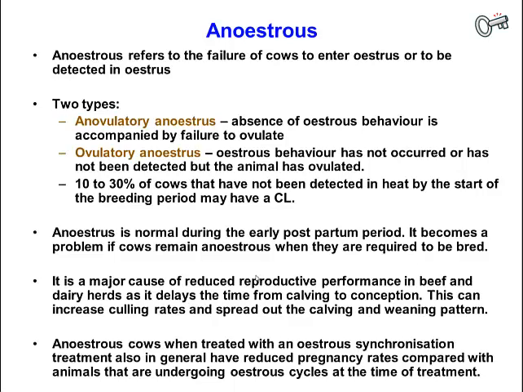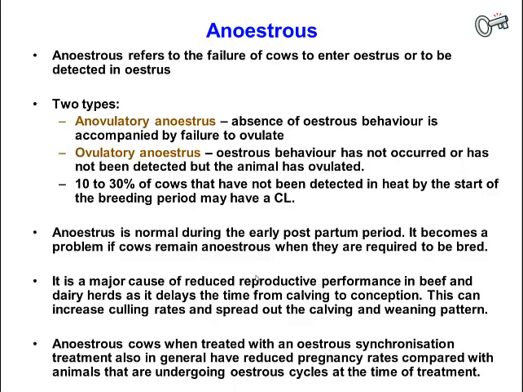There are two types of anestrus, what we call anovulatory anestrus, and this is the absence of estrus behaviour, but it's also not accompanied by ovulation. So anovulatory anestrus, they're not showing heat and they're not ovulating. Ovulatory anestrus, these are cows that are not showing signs of heat, but they are actually ovulating.